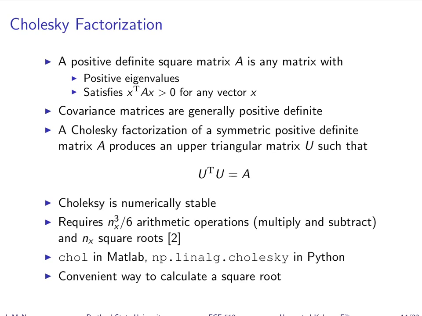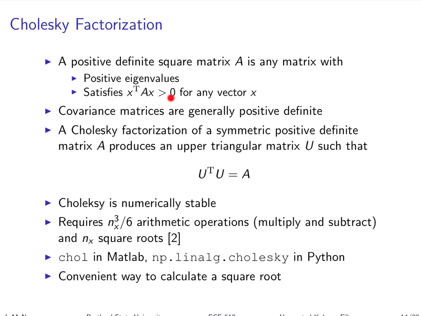Some of you may not know, I don't think I've really emphasized it earlier, but for those of you that don't know what a positive definite matrix is, a positive definite square matrix is any matrix that meets, it turns out these two criteria are equivalent, so it doesn't have to meet both of these. Either one of those is sufficient for it to be a positive definite matrix. So if all the eigenvalues are positive, it's positive definite.